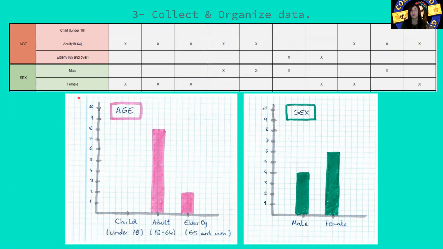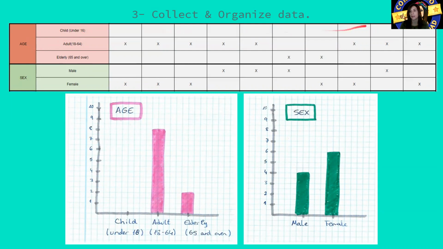Since I used 10 people for my census, the maximum number I'm getting in my graphic is the number 10. If you just carried out the investigation on 8 or 5 people, you only need to draw 8 or 5 different points here. So looking at the age, I am going to count how many people in my census were children.